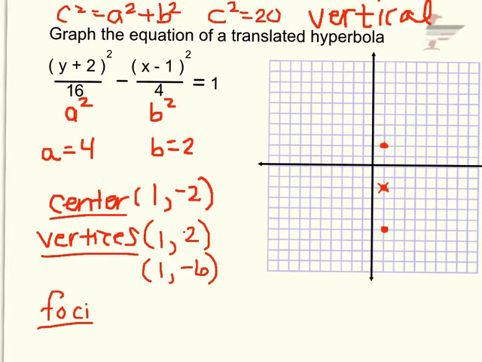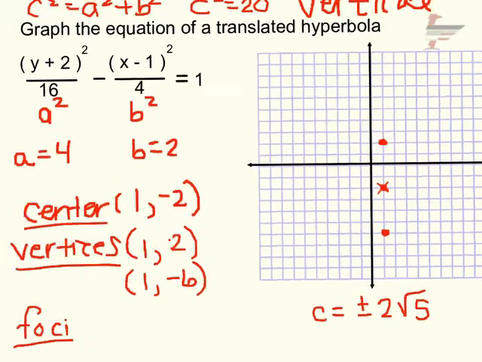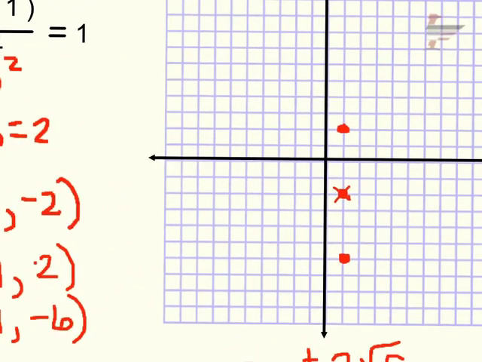Square root of 20, so c is going to be plus or minus 2 root 5, and that's reduced. Square root of 20 is about 4.5. So my foci are going to be about 4.5 above and below my center, very close actually to my vertices because those are 4 units away.